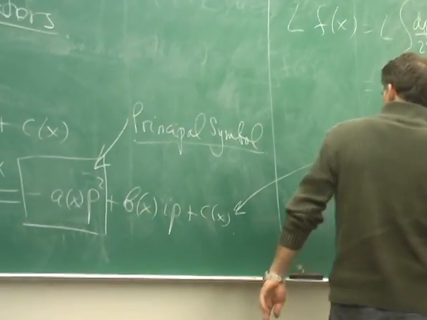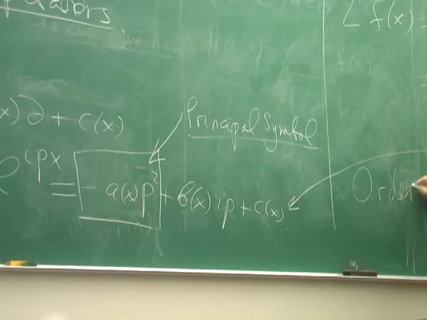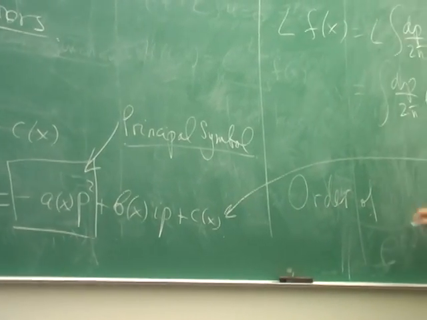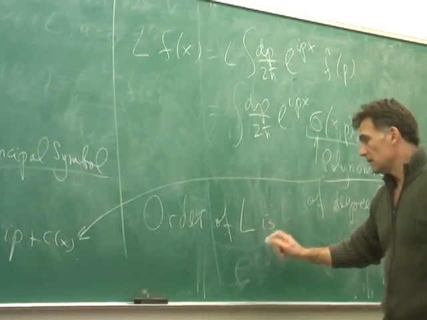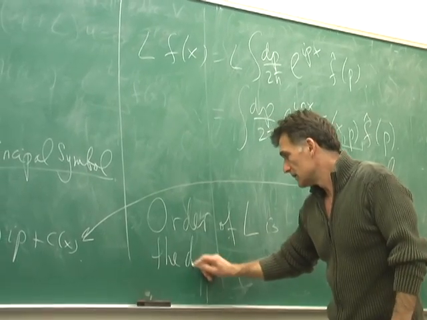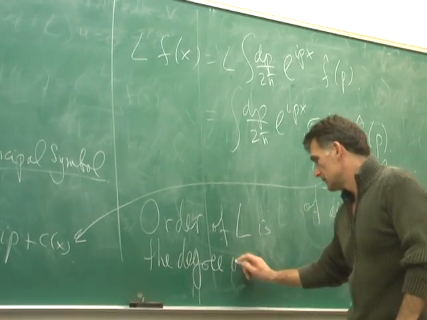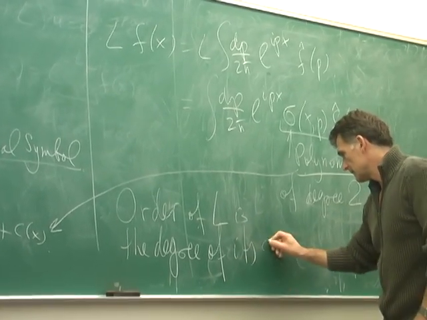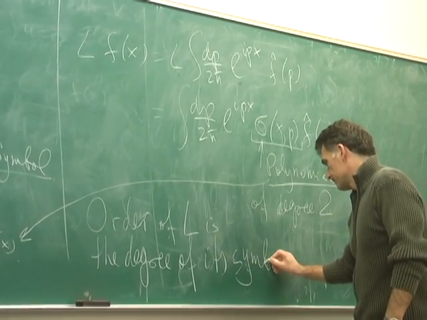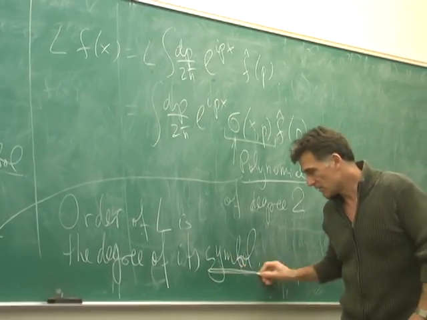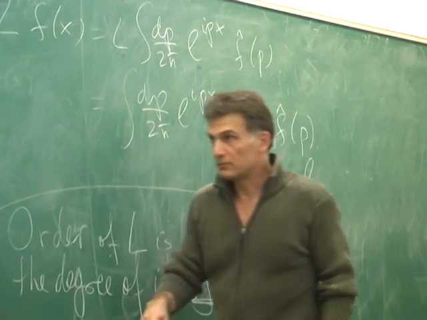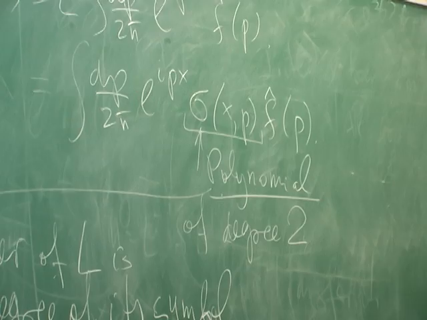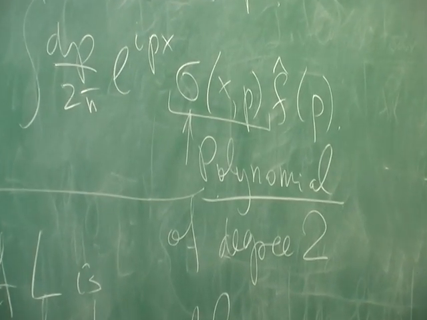So the order of the operator L is the degree of its symbol. So, well, if you don't like partial derivatives, you may not write them at all.